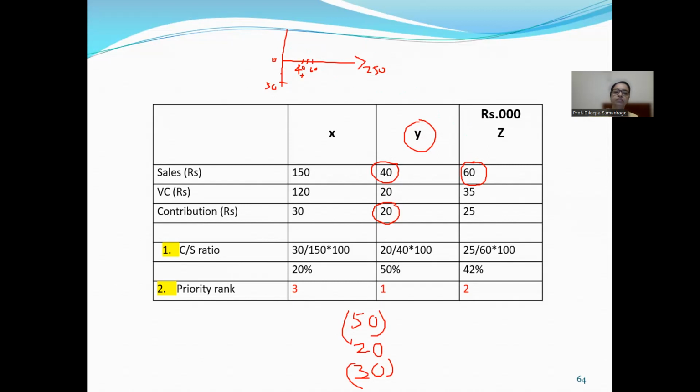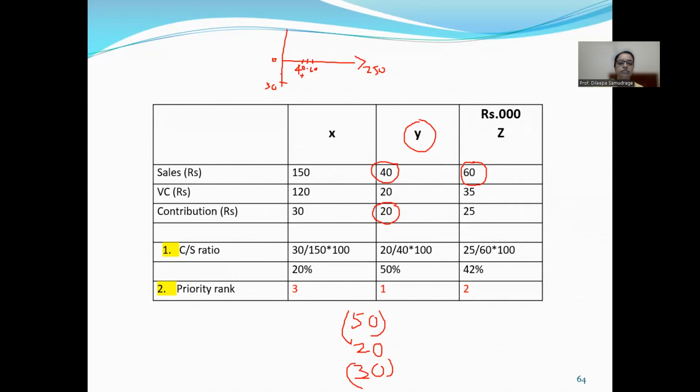Can you mark profit or loss of Z at this point? Why can't we mark it at this point?